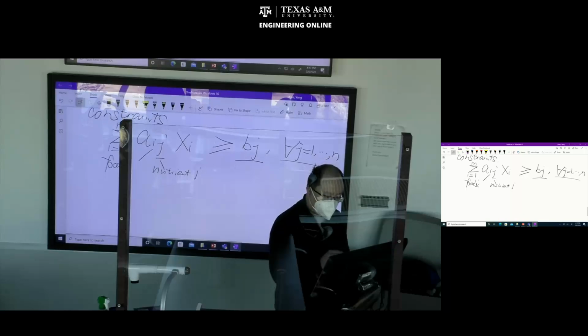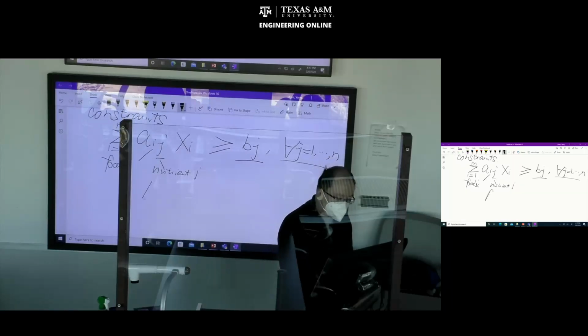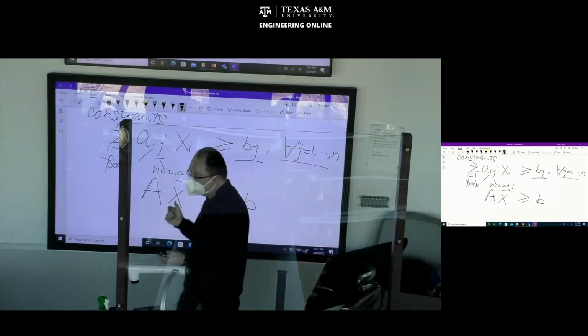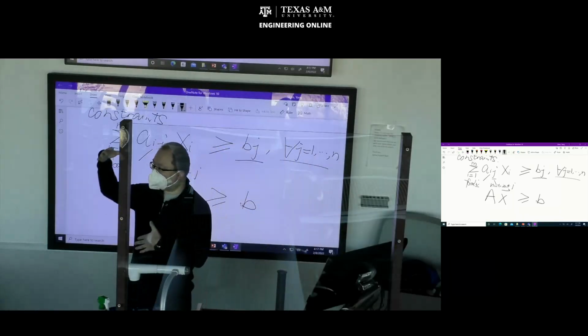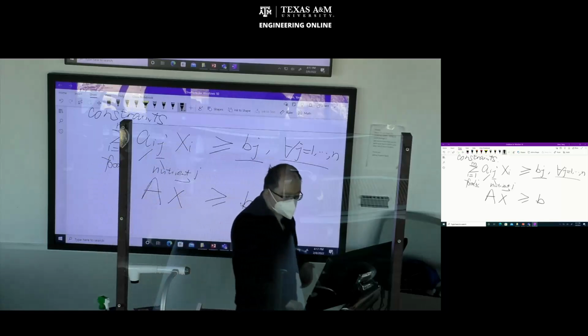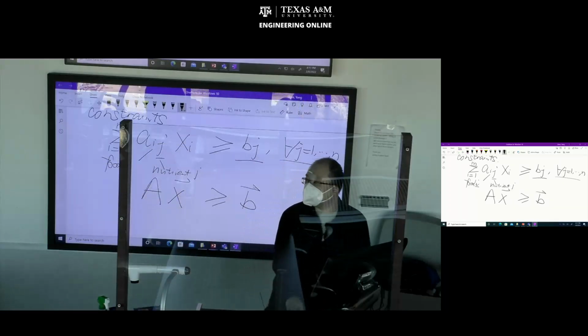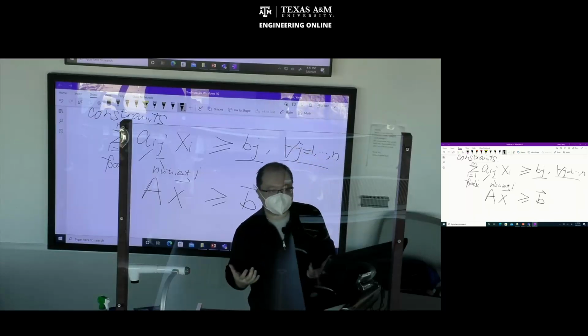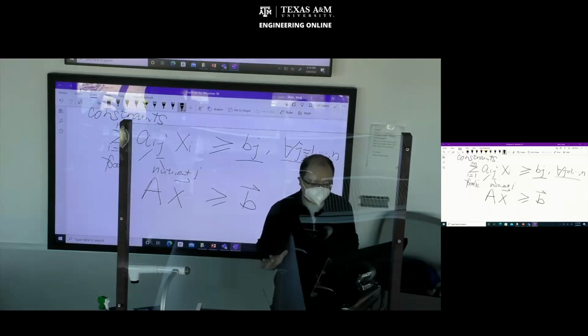Like I can define a capital A, where A's elements are a sub ij, and b is just the stacked vector of all the b_j's. So this is a standard definition or example for linear programming.